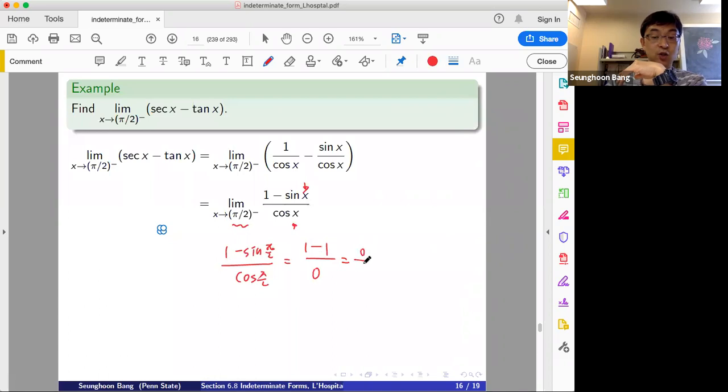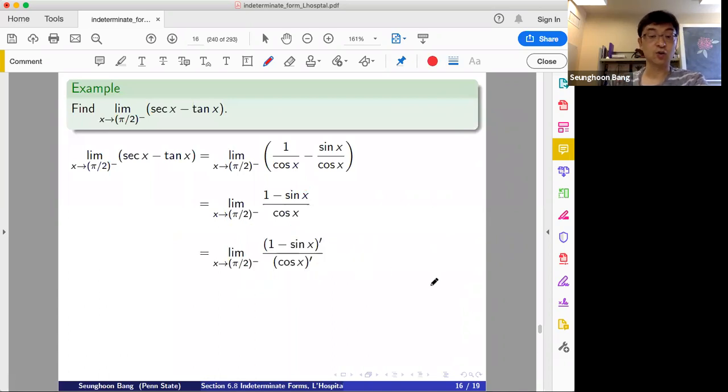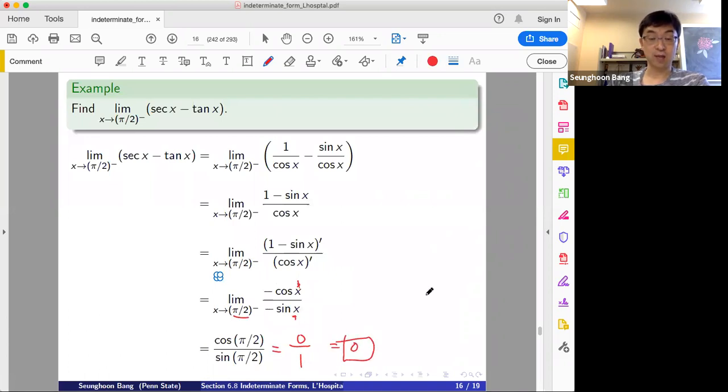We have the 0 over 0 form. You can use L'Hopital. The derivative of 1 is 0. The derivative of sine is cosine, and the derivative of cosine is negative sine. Keep the negative: negative cosine over negative sine. The negatives eliminate. Only plug pi over 2 into x. We have cosine pi over 2 over sine pi over 2. Cosine pi over 2 is 0. Sine pi over 2 is 1. 0 over 1 is only 0. So that's it. This is the whole idea for solving this problem.